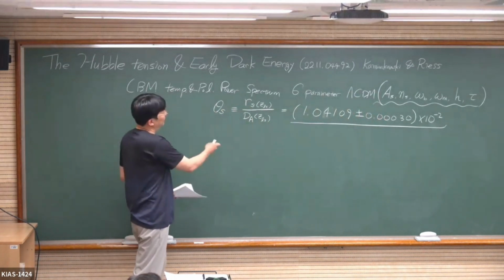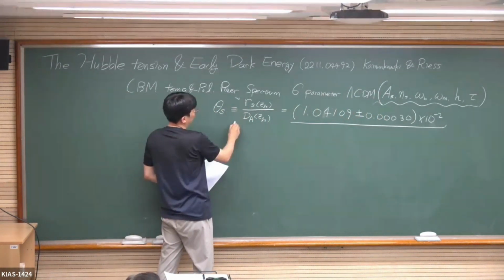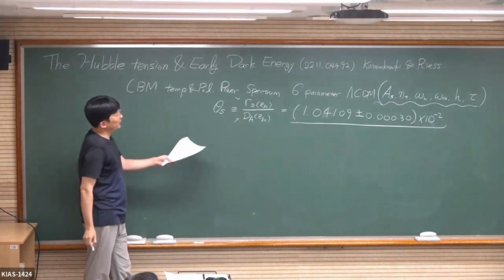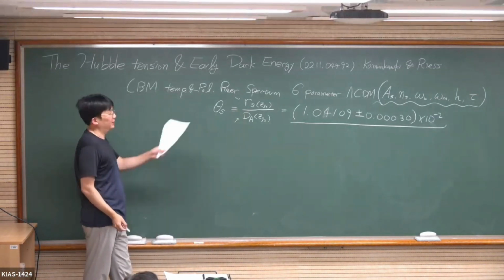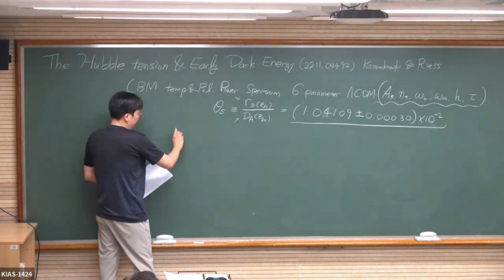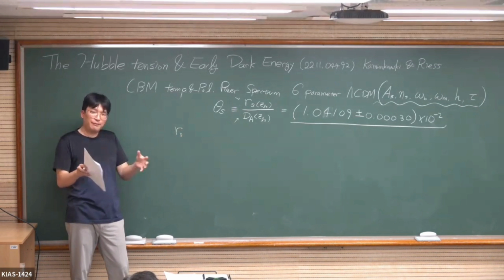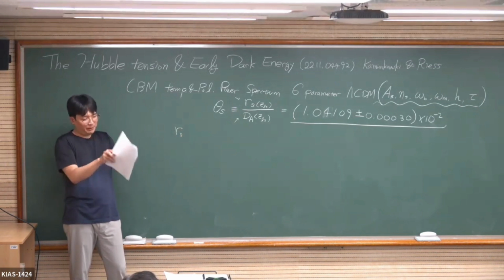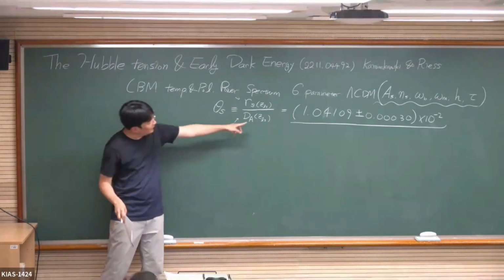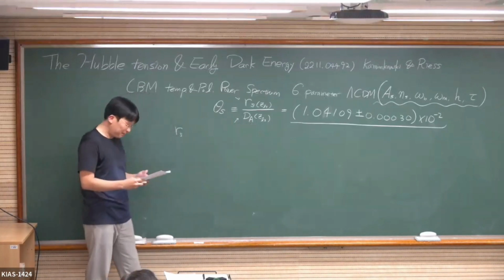Good. And this number we can compute with two quantities: the angular diameter distance and the sound horizon. What is the sound horizon? The sound horizon is the distance that the baryon photon plasma propagates from the Big Bang up until the last scattering time.